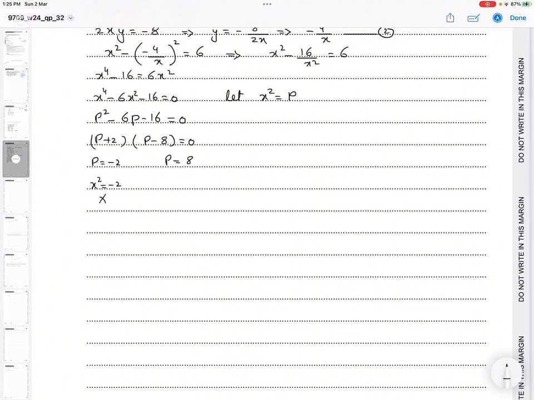So don't consider this side. Now work with this. So x squared is equal to 8, which gives me x is equal to square root of 8, and square root of 8 is 2 root 2. You write plus minus 2 root 2.